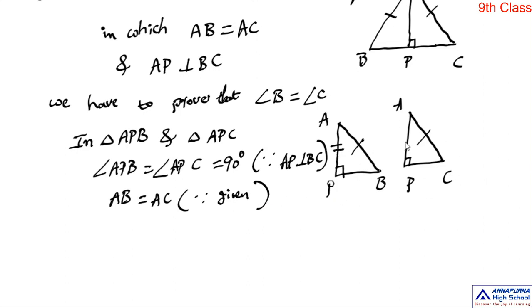Next, AP is equal to AP. AP is the common side of triangle APB and triangle APC.